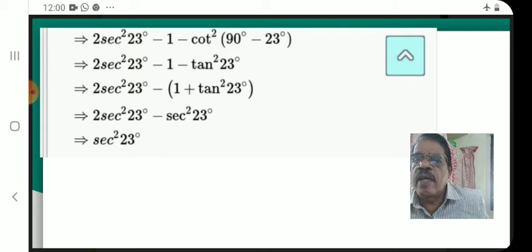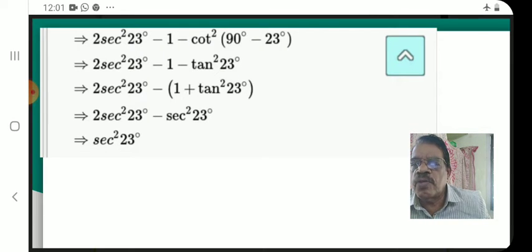Then cot square we simplify applying the co-ratio, 90 minus 23. Cot of 90 minus 23 is tan. So 2 sec square 23 minus 1 minus tan square 23. And 1 and tan square we write together. So we get 2 sec square 23 minus of 1 plus tan square 23. 1 plus tan square theta is sec square theta.